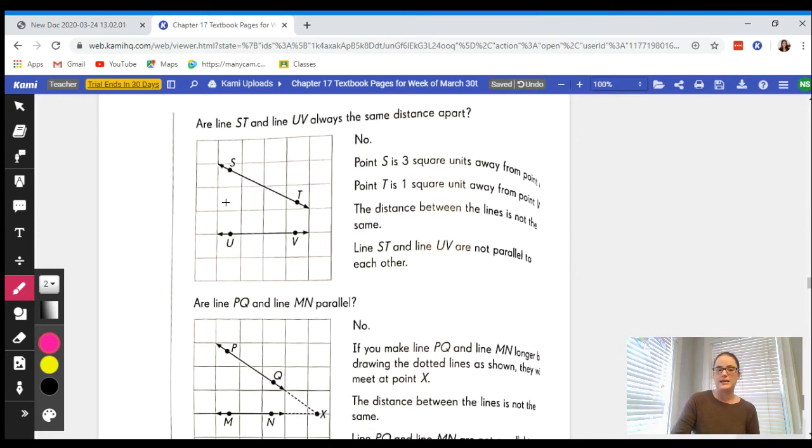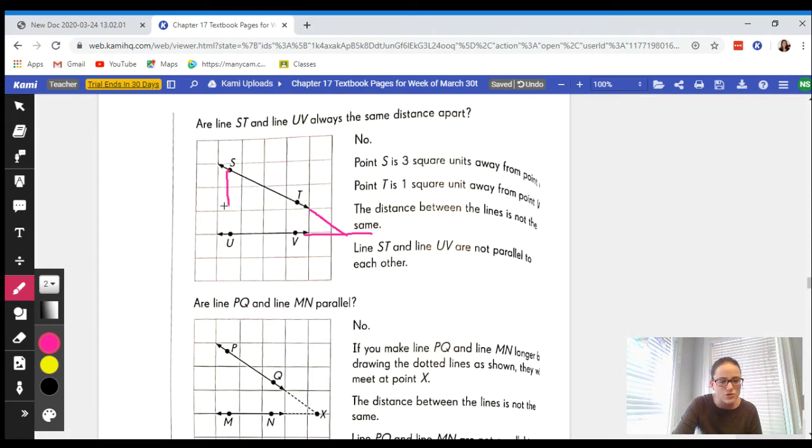On page 288, you'll notice line ST and UV. If line ST kept going and line UV kept going, you'll notice that they would eventually meet. So they are not parallel lines. You'll also notice that they're not the same distance apart. Let's count the square units.